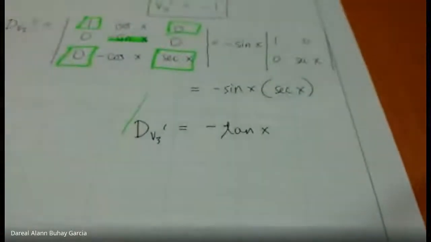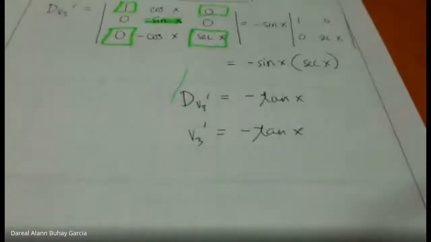So this becomes negative sine x times secant x, and we know secant to be 1 over cosine. Sine over cosine is tangent. So the determinant of v3 prime is negative tangent x divided by the determinant of the coefficients.